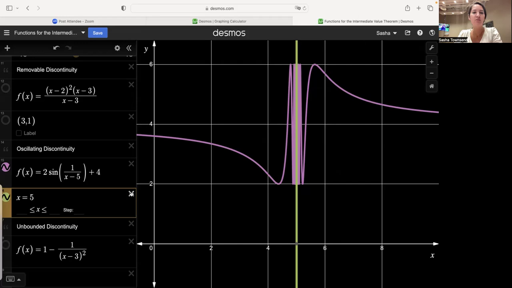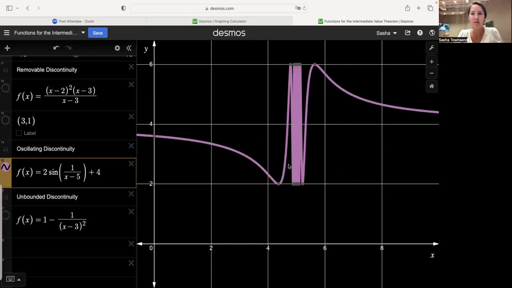So our y values range from 2 to 6. We can actually find a solution to the equation f of x equals any constant, as long as that constant is within the range of the function, 2 to 6. But we can only use the intermediate value theorem to show that that equation has a solution if the interval does not include x equals 5.